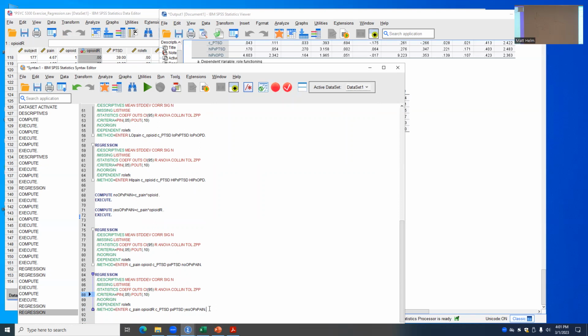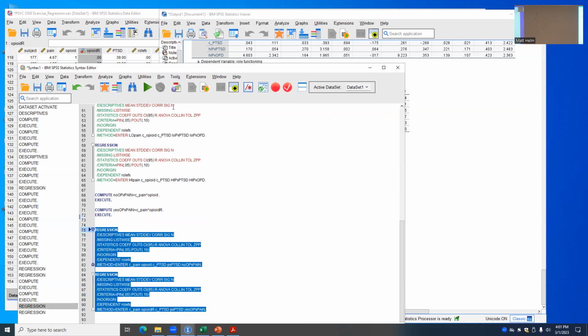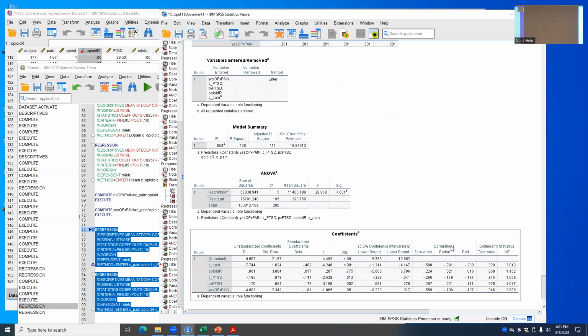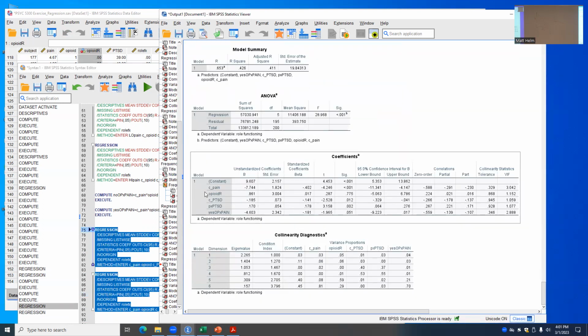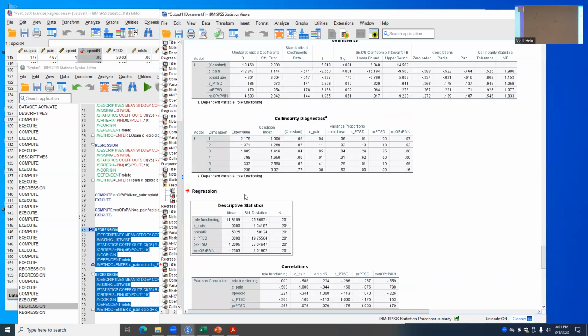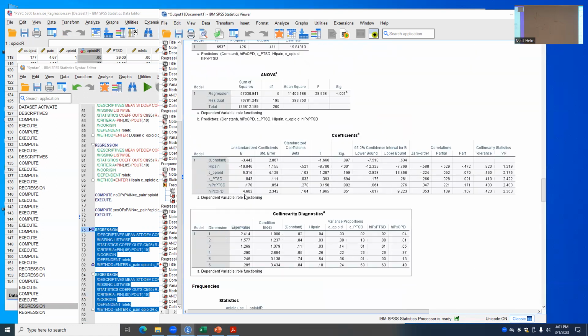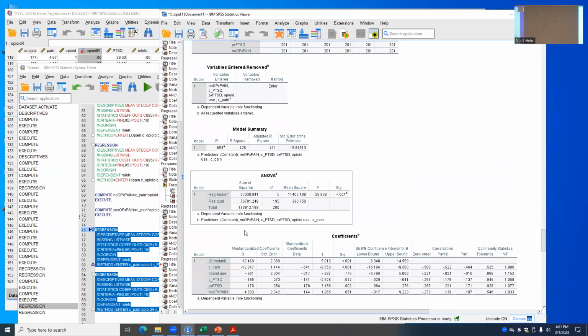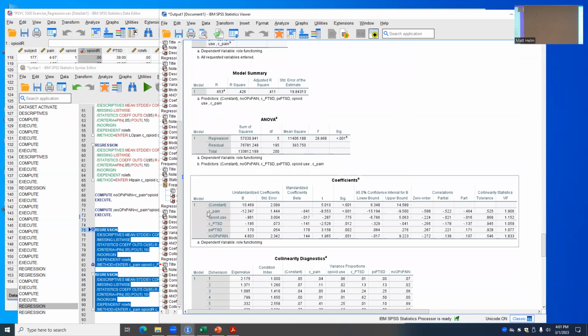So if I run this, what I've got now is a model where I've got pain, opiate use coded as 0, 1, where 0 is no opiate use, PTSD, pain times PTSD, which is our original centered interaction, which is fine.